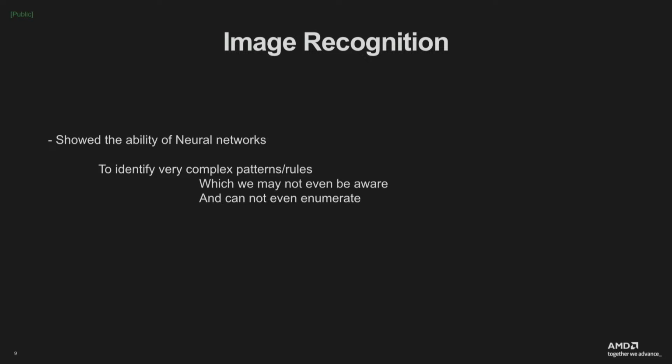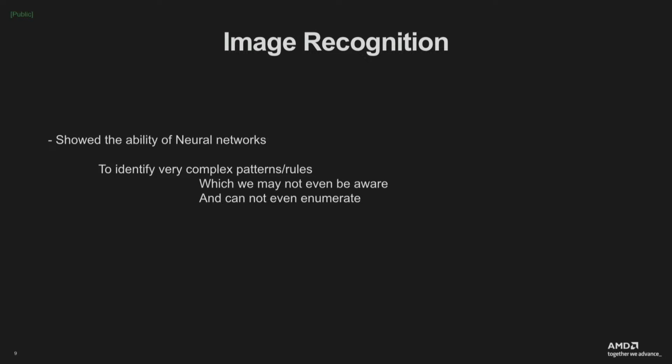That neural network can identify very complex patterns and rules. Something very complex. It has to have condition 1 and 2 or condition 3 and 5 or 6. If 7 is present, then 8 has to be absent. If 9 is there, then 10 also has to be there, right?